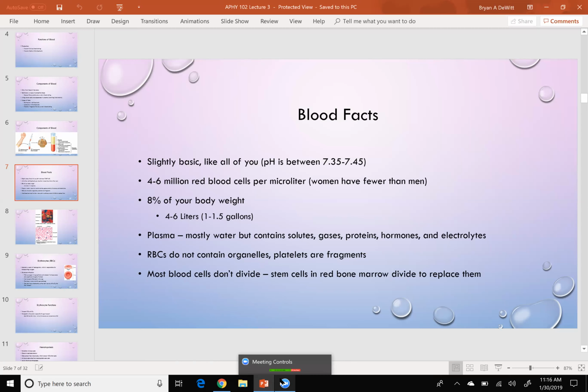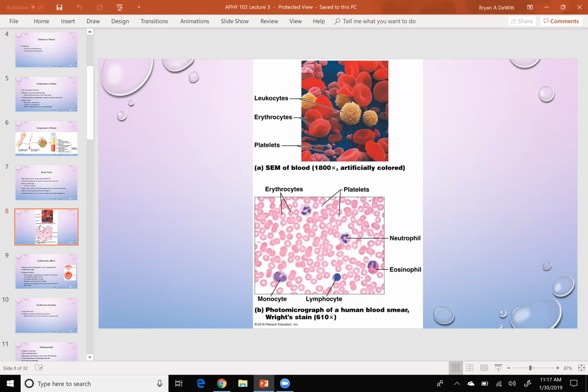So you have literally trillions of red blood cells in your body. So again, that's 4 to 6 million. You multiply that by 1,000 to get what you have per liter. So now we're in the billions, and then you multiply that by 4 to 6, depending on whether you're a male or female. So it's kind of cool.